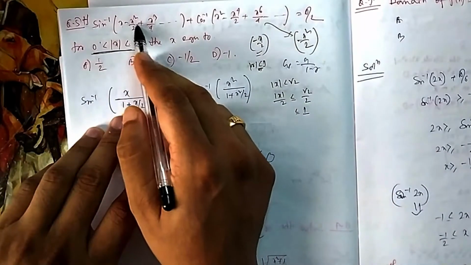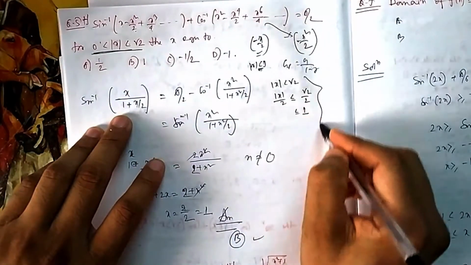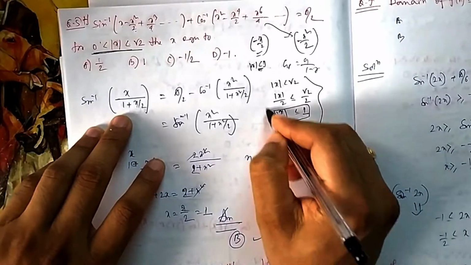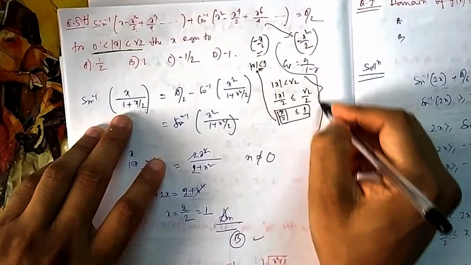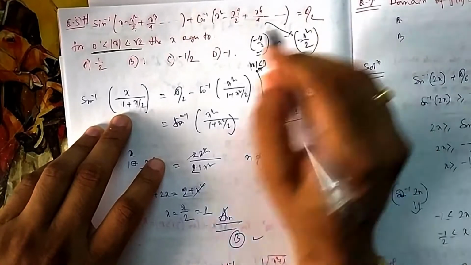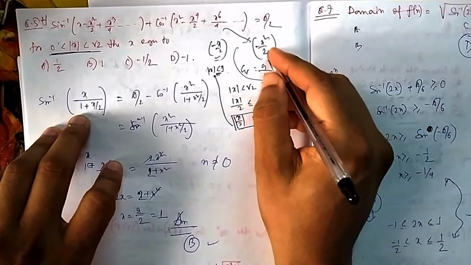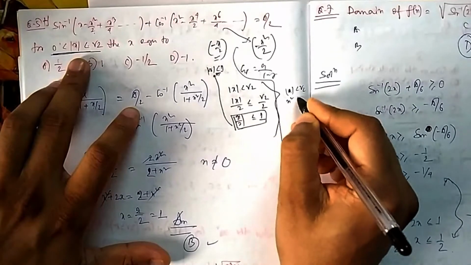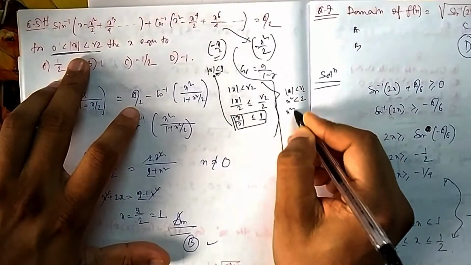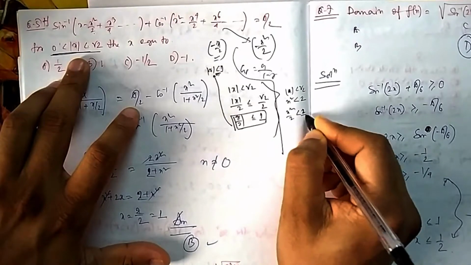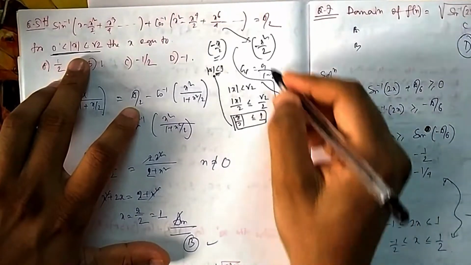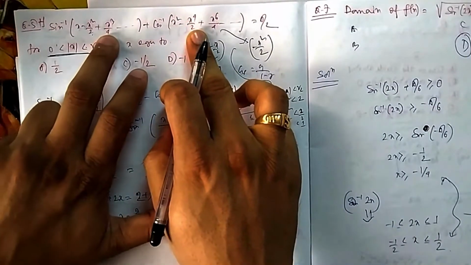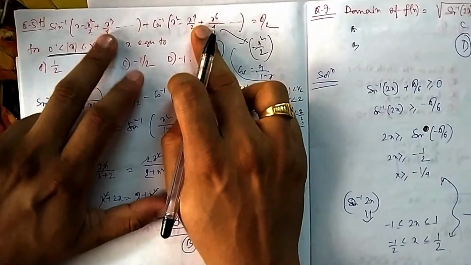So that means here you can apply GP, the infinite GP sum formula, that is a by 1 minus r, you can recall. And here also this is x square, so obviously mod x is less than root 2, so x square will be less than 2, so x square by 2 will be less than 2 by 2, that is 1. So again the mod of this one is also less than 1, so both are infinite GPs and the common ratio is less than 1.